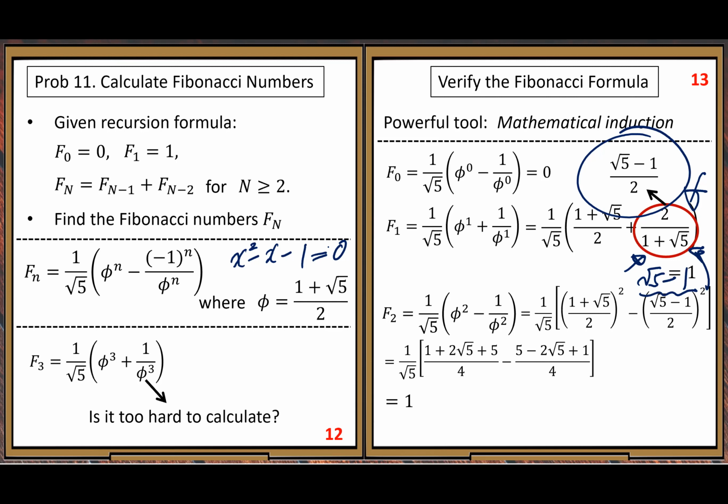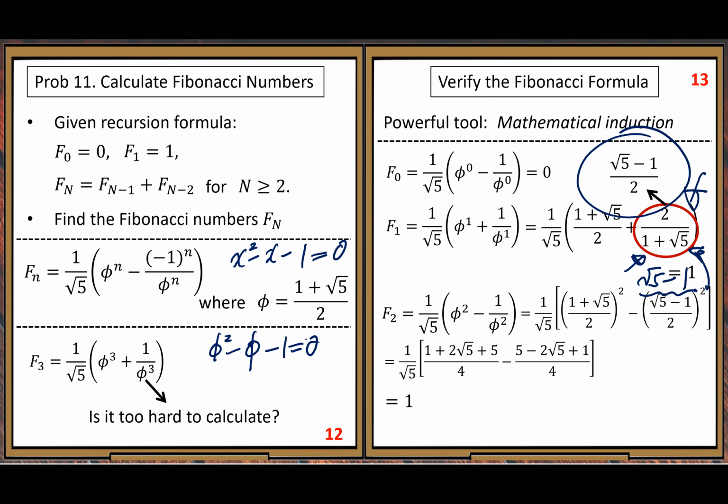Phi squared minus phi minus 1 equals 0, right? It must be true, because it comes from there.